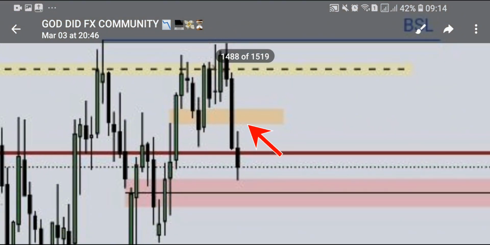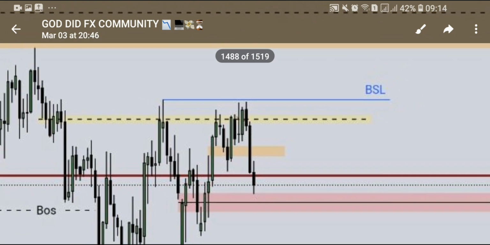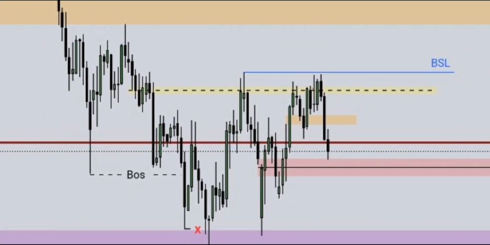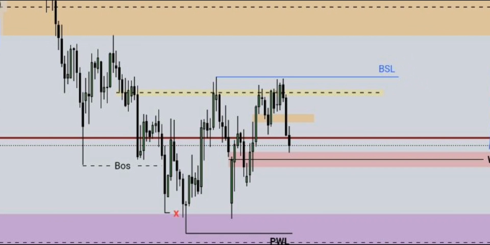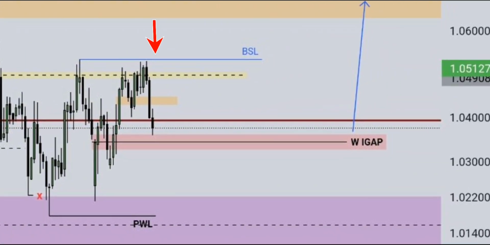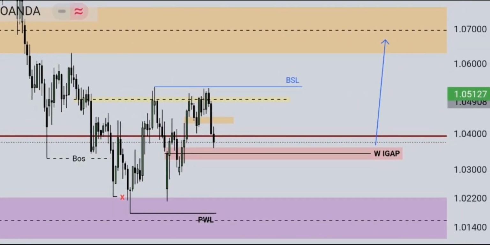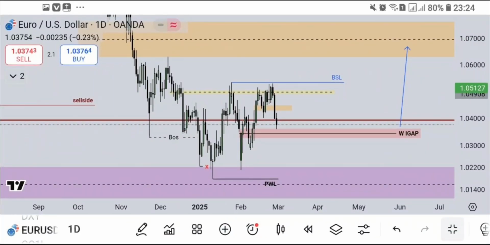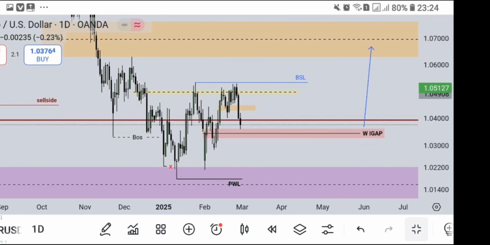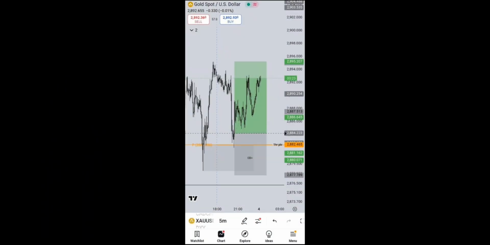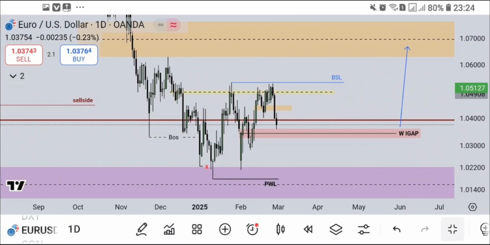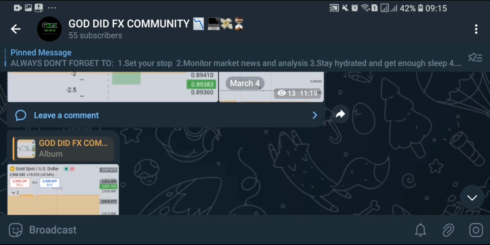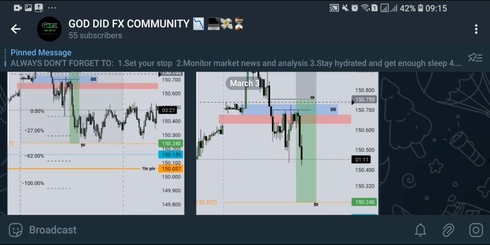As you can see, when it retraced there, it started buying, but then that weekly yellow small box, that was a weekly small gap, and it held price and it reversed it till it came here to retest again the weekly inverse gap, and then we were targeting that buy side liquidity plus the monthly consequent encroachment, right? So this was the gold trade. Here I think I had already shown, and it's not the only forecast I uploaded, right?